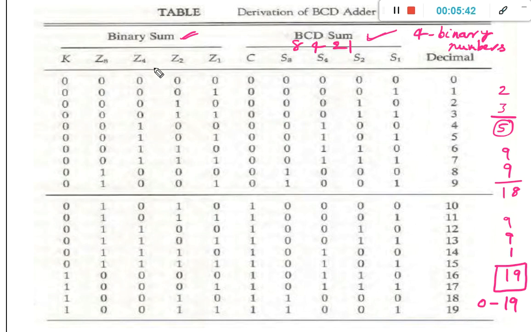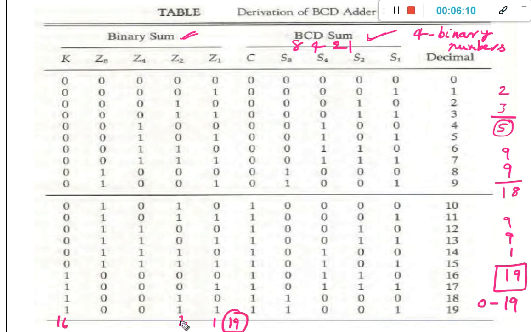As far as the binary sum is concerned, we convert the number directly into binary format. For example, assume that after adding two digits 9 plus 9 with an input carry of 1, we got the value 19. How could we represent 19 in case of the binary sum? 1, 2, 4, 8, 16: so 16 plus 2 is 18, 18 plus 1 is 19.